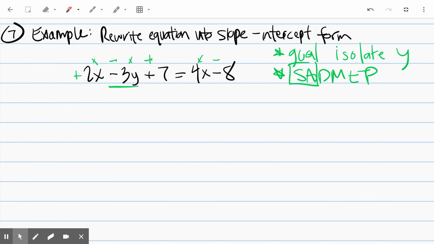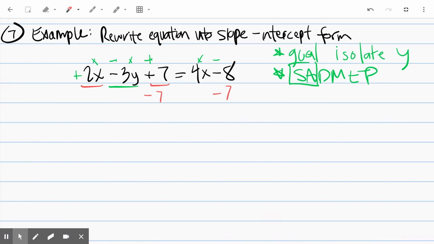First thing we're going to do, we want to get all the other terms on this side of the equation, that is not the y term, away from that y term. So move it to the other side. I'm going to start with this plus 7. Since it's being added, the opposite or the inverse operation would be subtract 7. And again, keep the balance. So if you subtract 7 over there, we have to subtract 7 on this side of the equation.